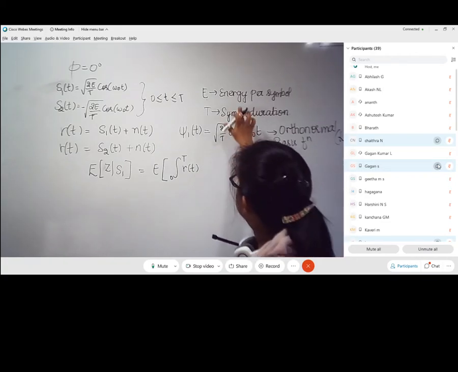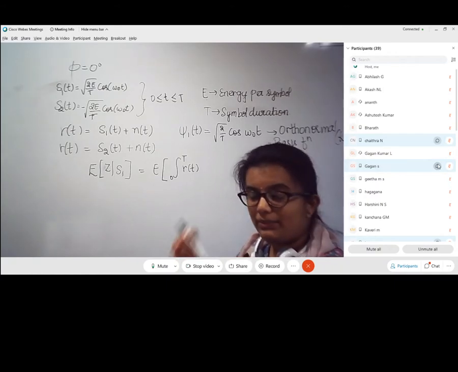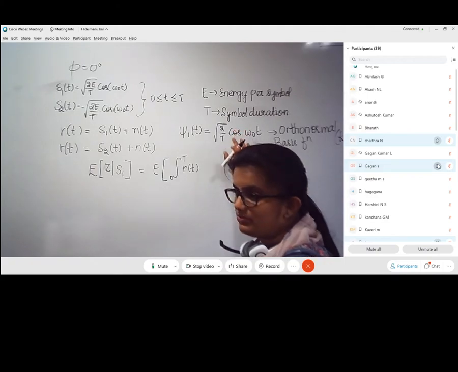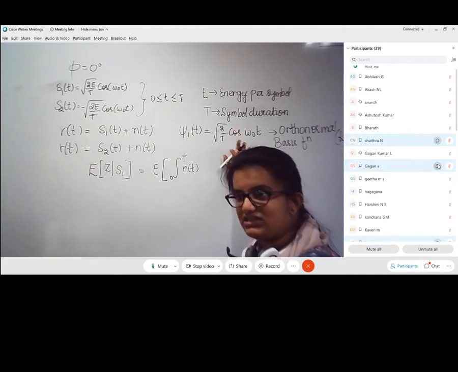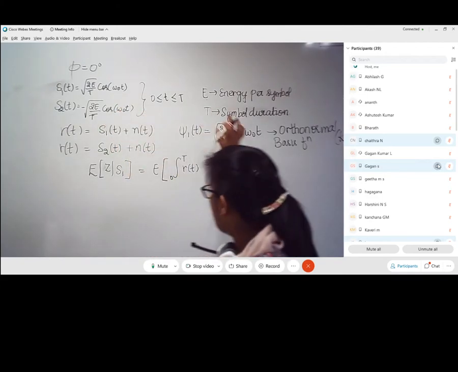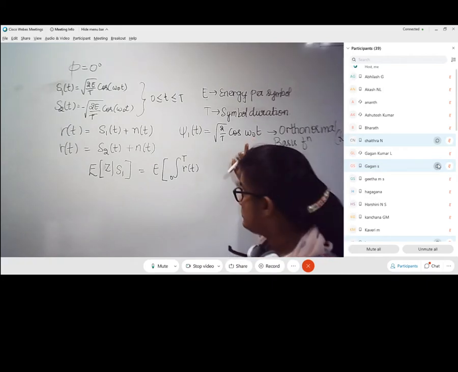Whatever energy I assign is only for the symbol or bit that I am transmitting. I am not associating the basis function with any energy. It exists, and when I give energy to the bit, it combines with the basis function and gets transmitted across. So you must remember that.